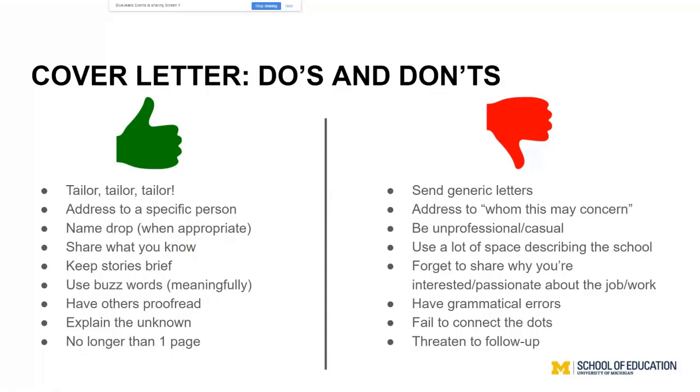Don't have grammatical errors. Make sure that you are connecting the dots, I should say, for all of the employers, and don't threaten to follow up. Usually in applications, if an administrator is interested in following up with you, they will do so. And so there's no need for you to say how you will follow up with them.